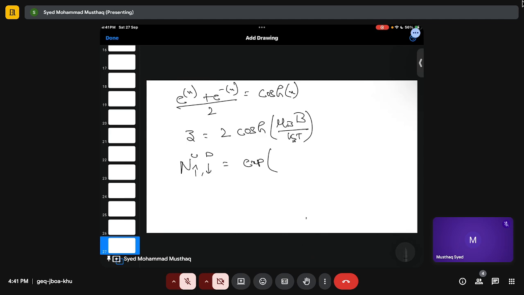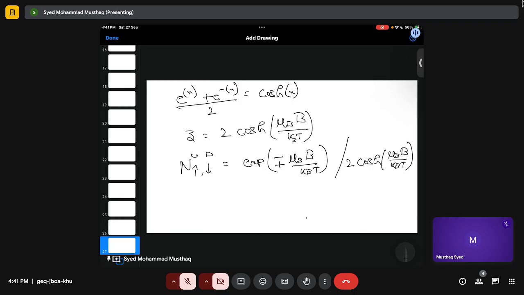So if I am saying up, then there will be a minus. If I am saying down, then there will be a plus. exponential of mu B over kBT, over 2 cosh of mu B.